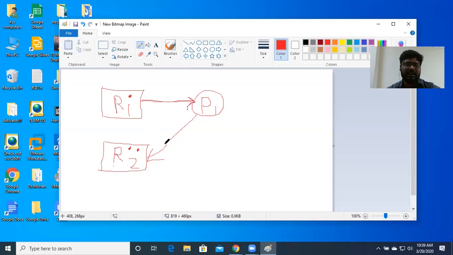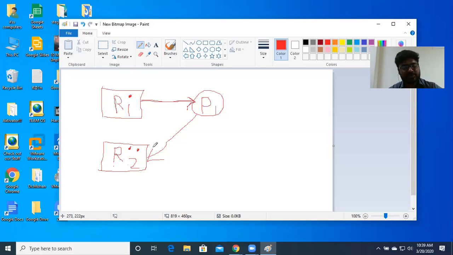In a scenario or in a lab, we can have n number of webcams and only one printer. Or, say for example, in a lab we can have n number of printers and only a few webcams.